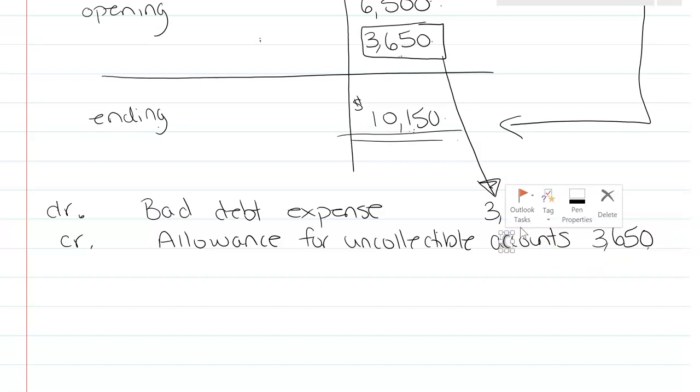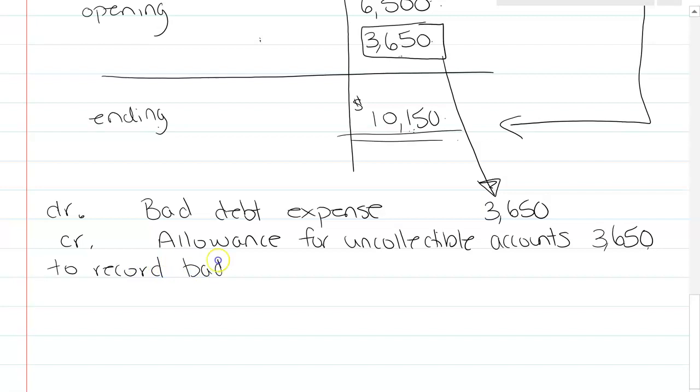And that journal entry is to record bad debt expense. And we're using the aging of accounts receivable to make that estimate.